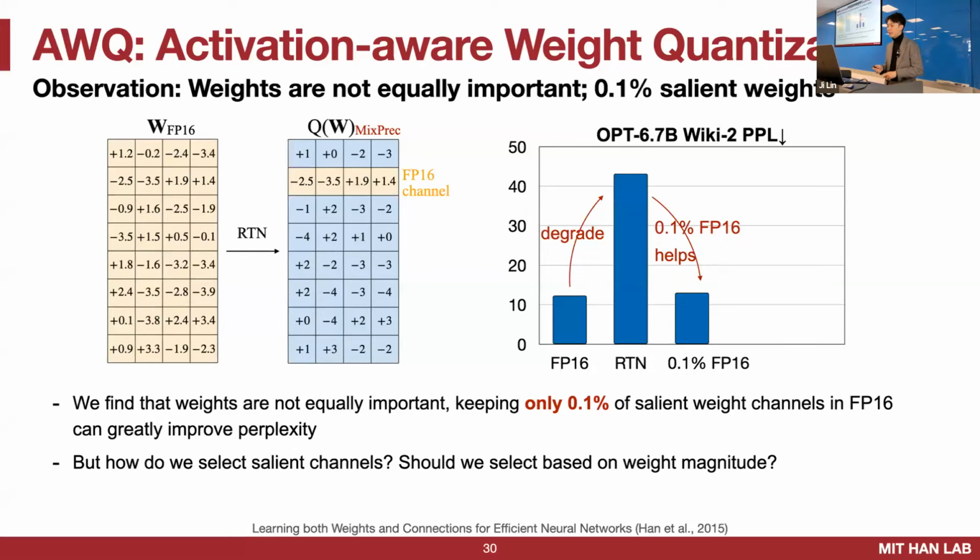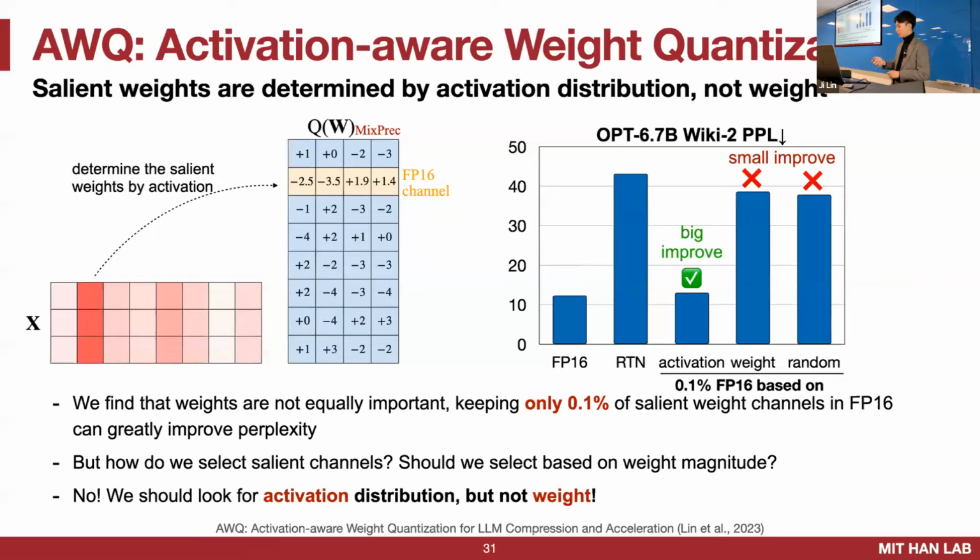One traditional belief is that, in the field of model pruning, people usually believe that the magnitude of the weights is a good metric to indicate its importance. But we find an interesting behavior: actually the activation magnitude determines the saliency of the weight channels.